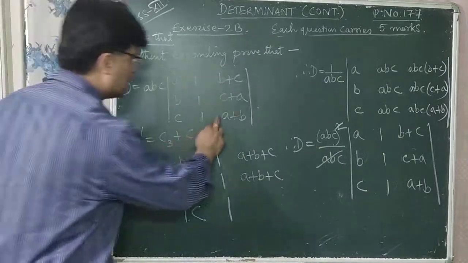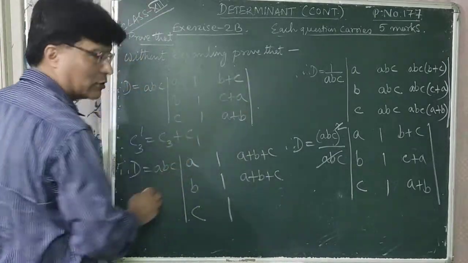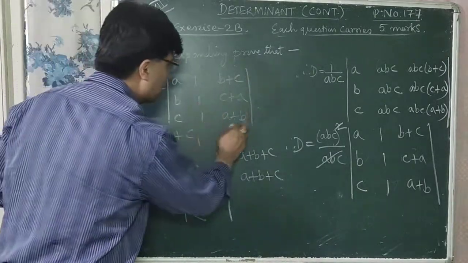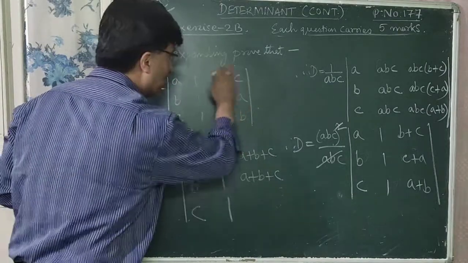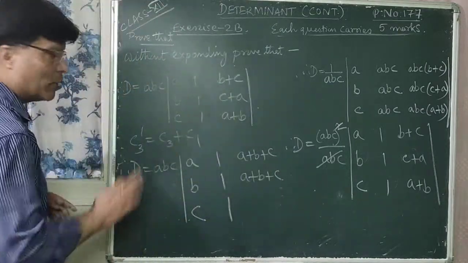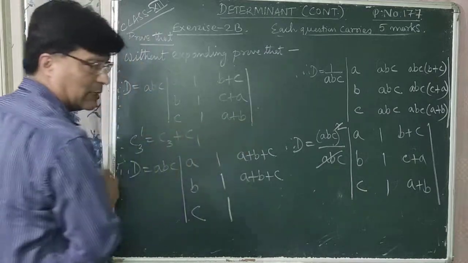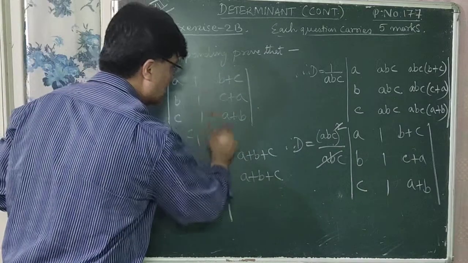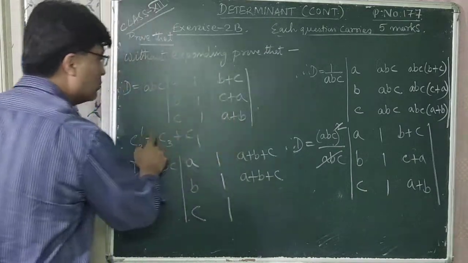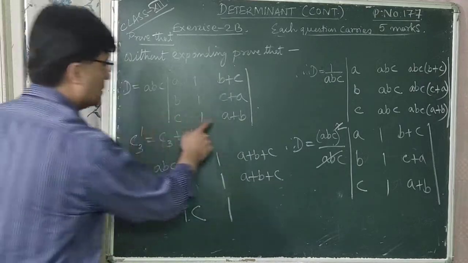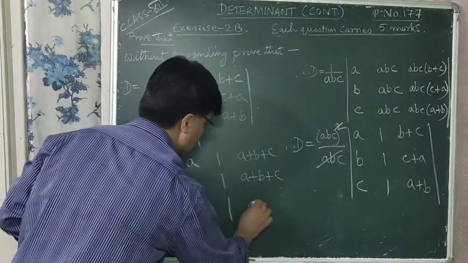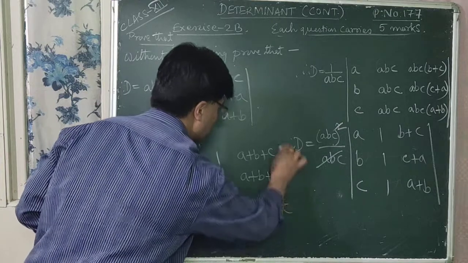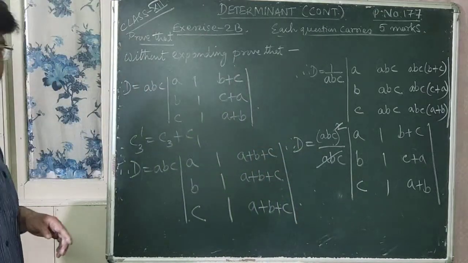So what will be the third element of the new third column? That is A plus B plus C. This is also A plus B plus C. Right?